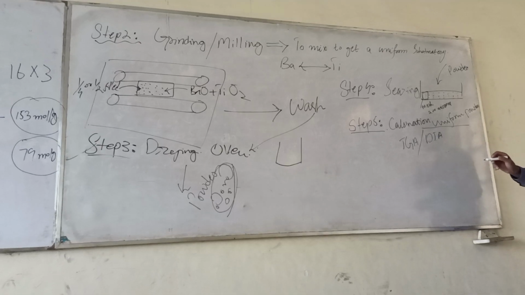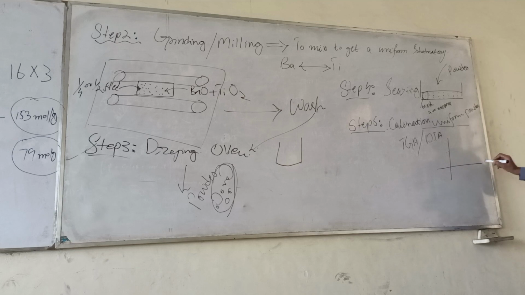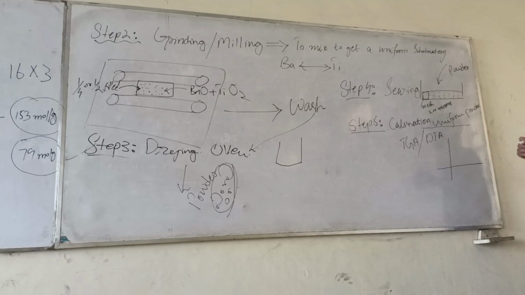For example, those two techniques will tell you about the exchange or the exhaust of something from a given mass. For example, in the first step, your material will lose some amount of weight in grams because a few water or water vapor is absorbed.